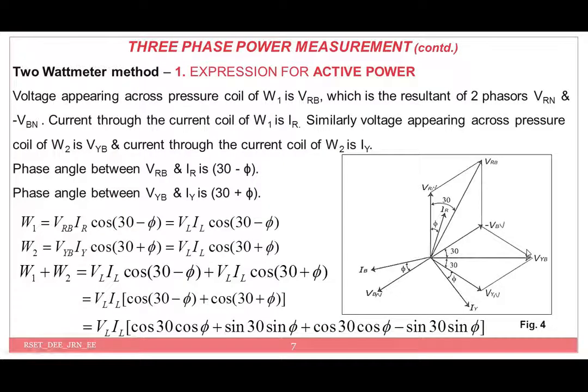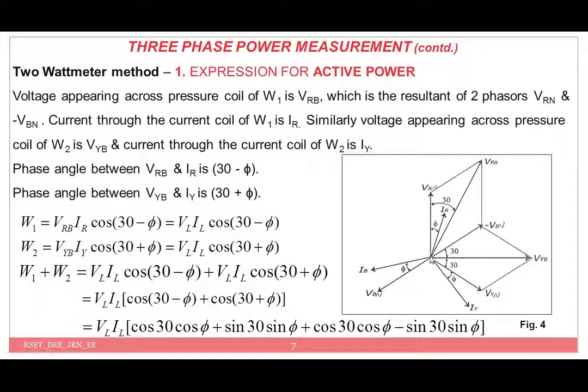Now let us look into the phasor diagram, and you know how to draw the phasor diagram. First you need to draw the voltage phasors of the phase voltages: VRN, VYN and VBN. Being a balanced supply system, all 3 voltages are equal in magnitude and apart by 120 degrees. So the angle between VRN and VYN is 120, the angle between VYN and VBN is 120, and the angle between VBN and VRN is another 120.